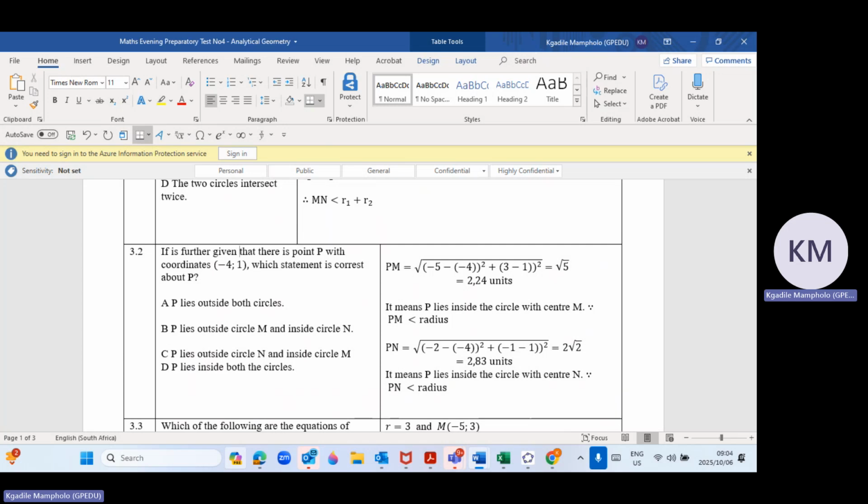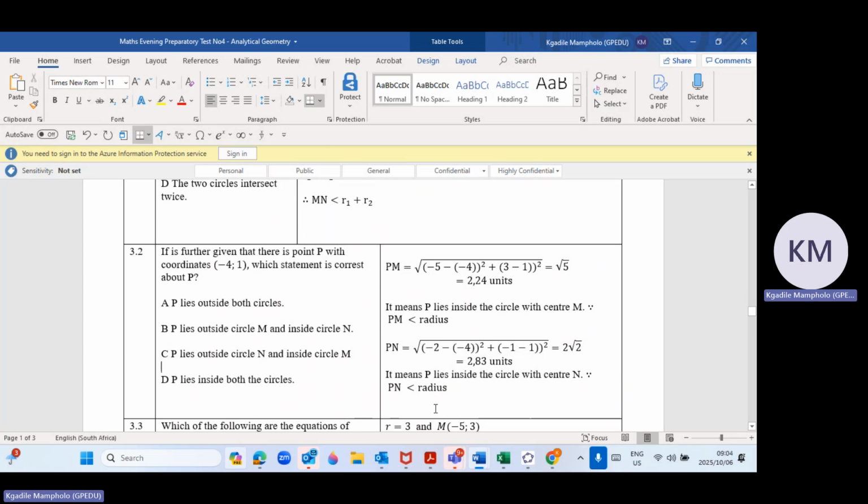The first one says P lies outside both the circles. The second one, P lies outside circle M and inside circle N. The third, P lies outside circle N and inside circle M. The last, P lies inside both the circles.